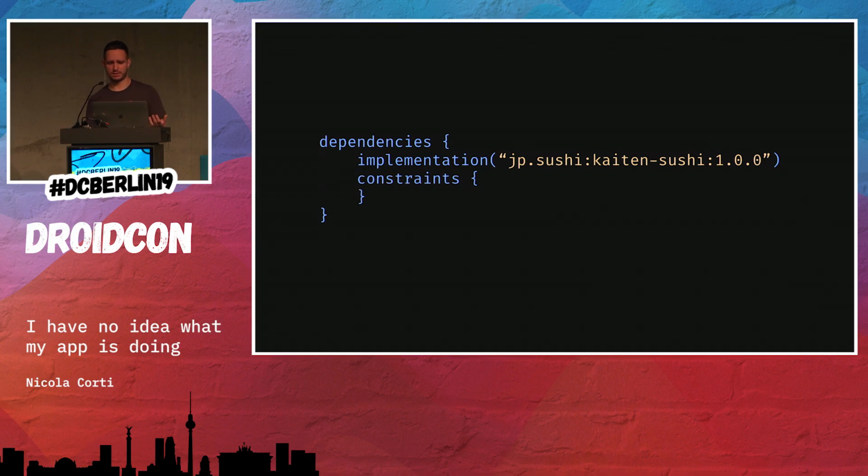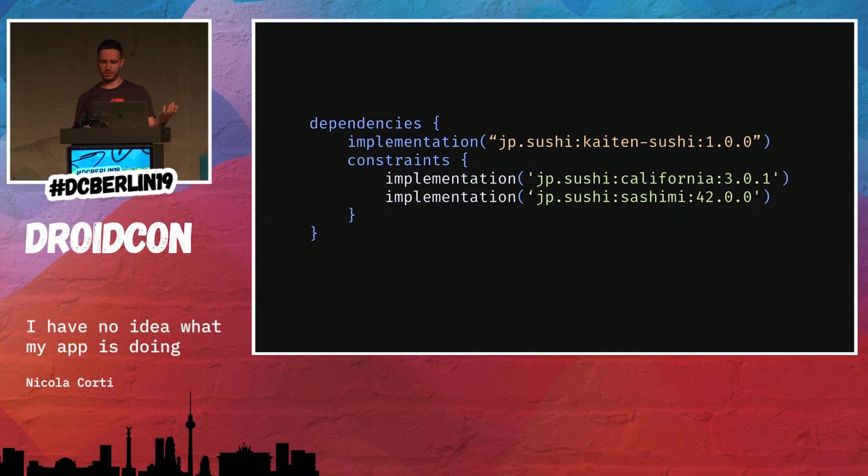You can define constraints, and you can say that if California will ever be needed, you want version 301, and if sashimi will ever be needed, you need version 4200. The fact that those two are inside the constraints block means that those are not necessarily dependencies, but if they end up inside your dependency tree, you specify which version you want.